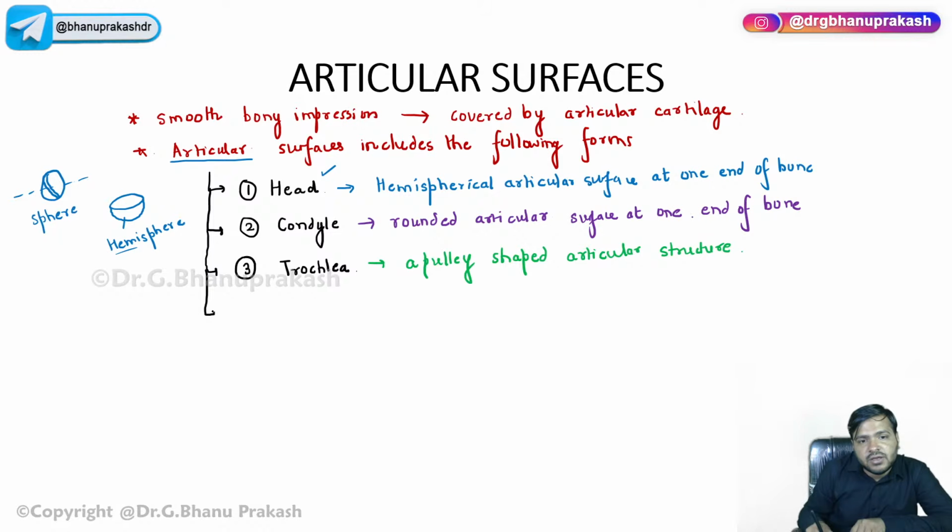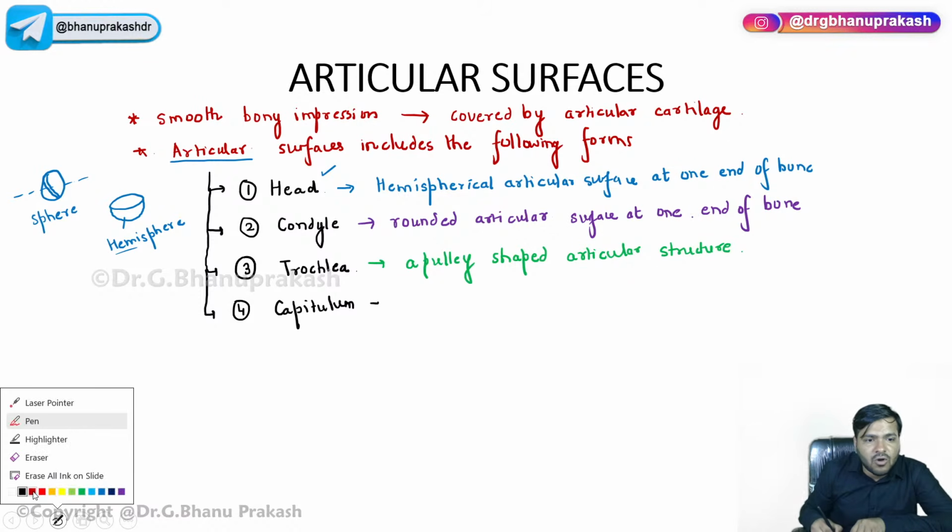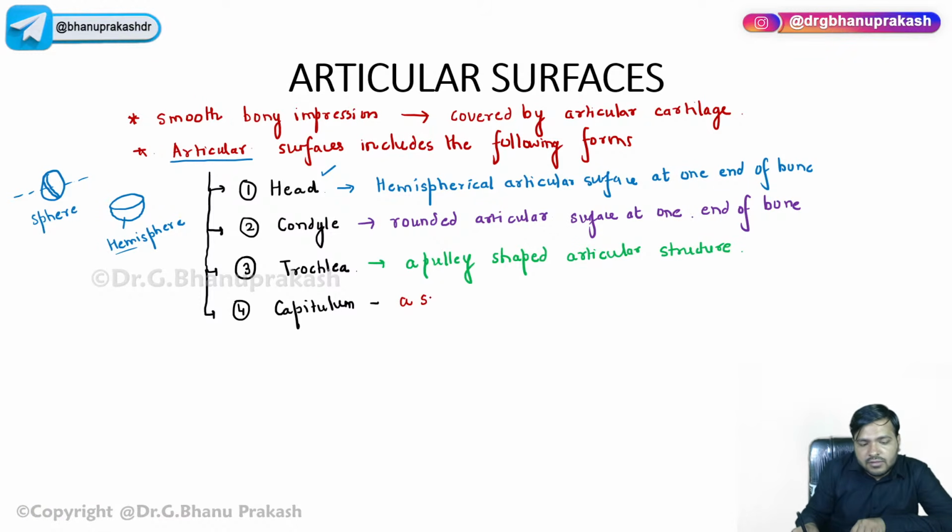Now coming on to the next one, guys, that is the capitulum. The fourth one that you have to remember is the capitulum. The capitulum is a small spherical articular surface.